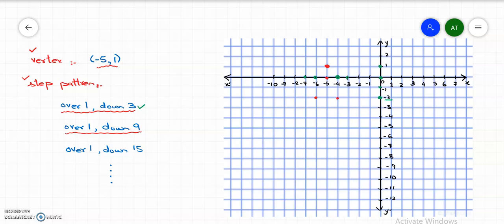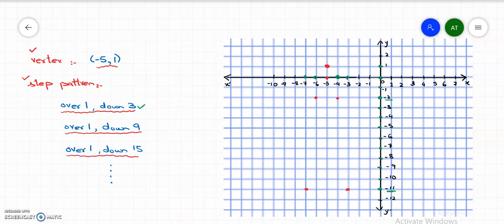When we move down 9 units, 1, 2, 3, 4, 5, 6, 7, 8, 9, we are at y equals -11. So our new points are x equals -3 and y equals -11, and x equals -7 and y equals -11. Now the same pattern continues. You have to move over 1 and down 15 and so on.